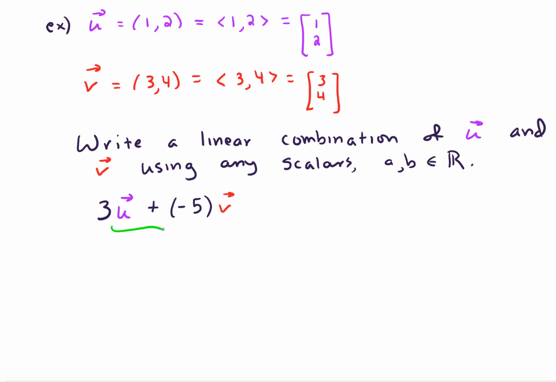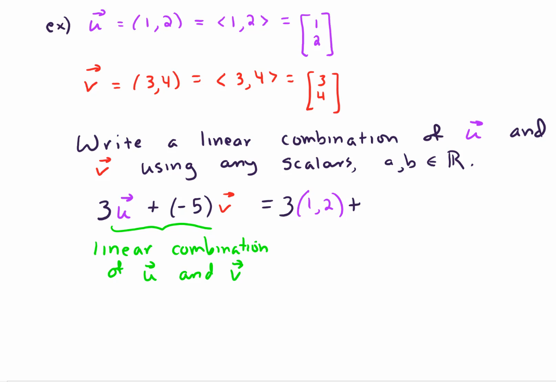This is a linear combination. It's a way of combining the U and the V in some sort of linear fashion, a linear combination of vectors U and V. Now we could certainly work this out a little bit more, so let's do that. 3 times U would be 3 times our vector 1, 2.